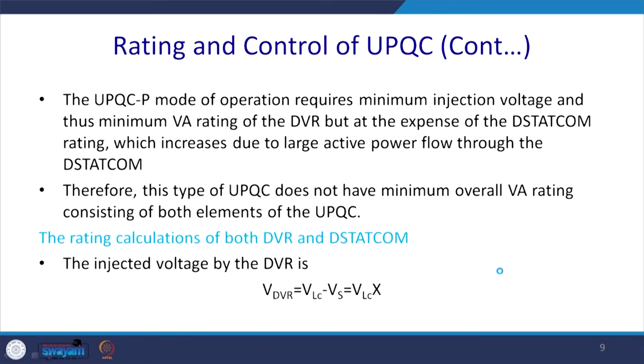Now, in case of the UPQC-P, as we have mentioned already, this mode of operation requires minimum injection of voltage and thus minimum VA rating of the DVR, but at the expense of the D STATCOM current rating, which increases due to the large active power flow from the D STATCOM to the DVR.